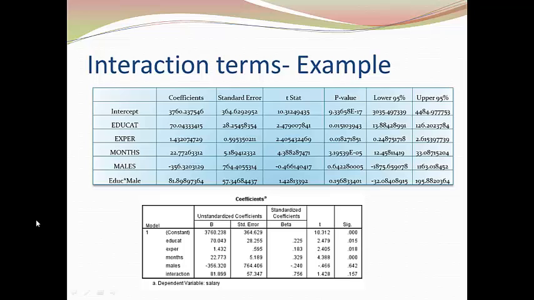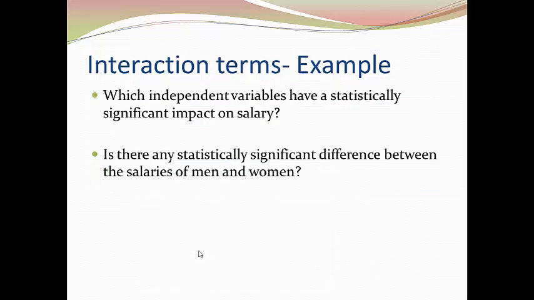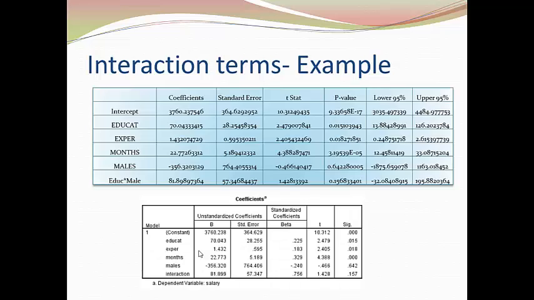And we have that same printout in SPSS as well as Excel, and you see you do get the exact same results. Which independent variables have a statistically significant impact on salary? Well, if I look back here, yes, I can just look at the p-values on education, experience, and months, and those are all statistically significant. But to evaluate the impact of gender, I now have to perform my partial F test in order to see whether or not that is statistically significant.